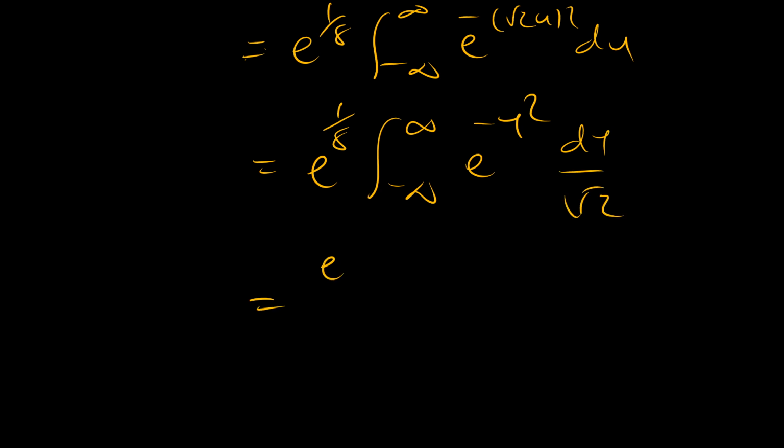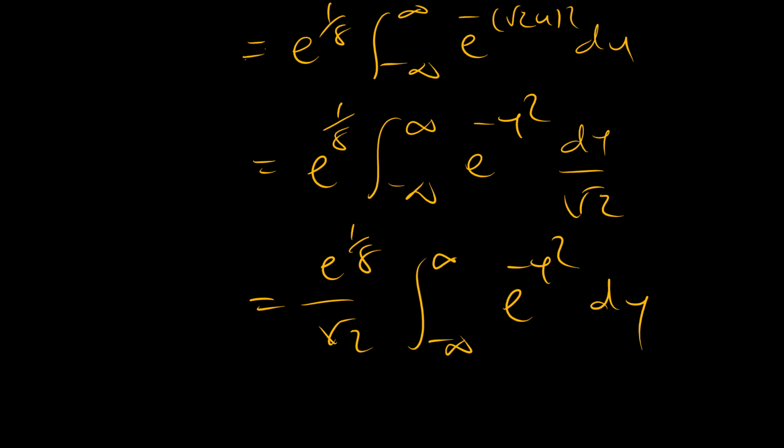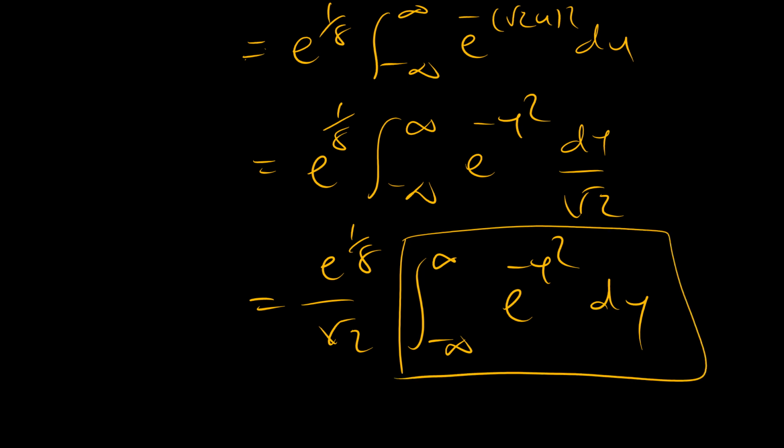So we have e to the power 1 over 8 over root 2 times the integral of e to the power negative y squared dy. Okay, now we've come back. This here is our Gaussian integral, right? What we had initially said is equal to root of pi.